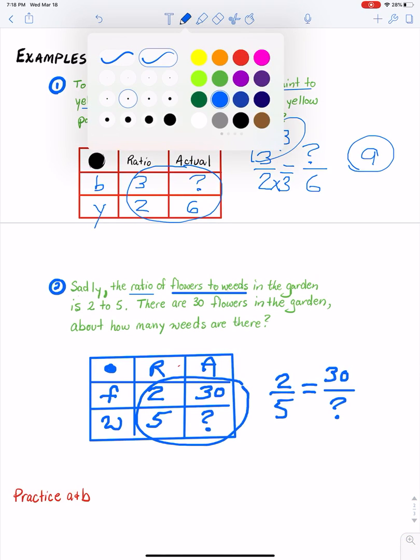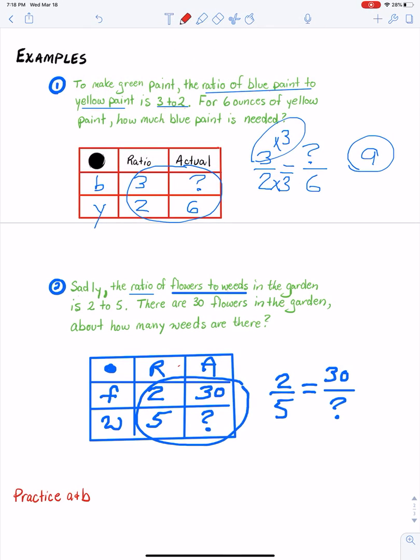Let me switch colors for a second. 2 times 15 gives me 30. I need to times the bottom number of the first fraction by the same number, 15. 5 times 15 is 75. That 75 is my missing number.